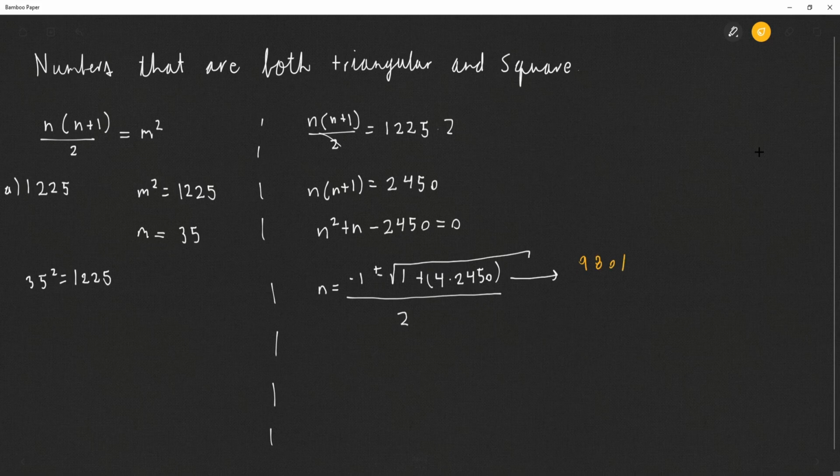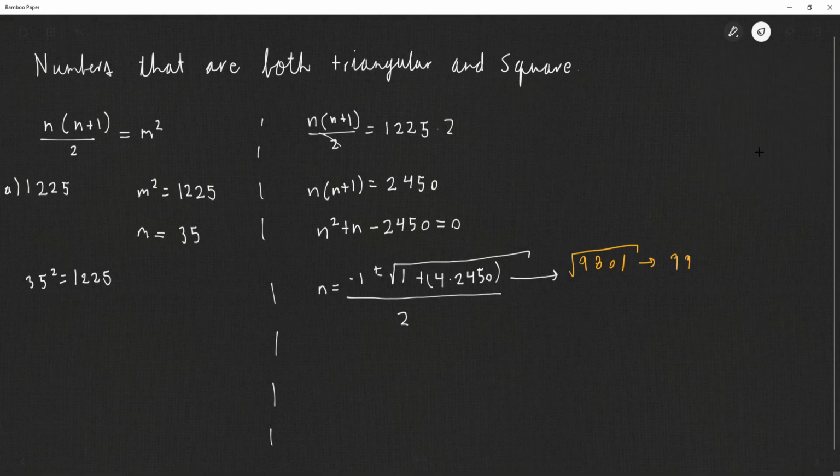So now we need to check to see if 9,801 is a perfect square, since it will be under the square root, to see if it will make our life easier or harder. So if we take the square root of 9,801, this will actually give us an answer of 99, which is nice because now we get to work with a whole number.